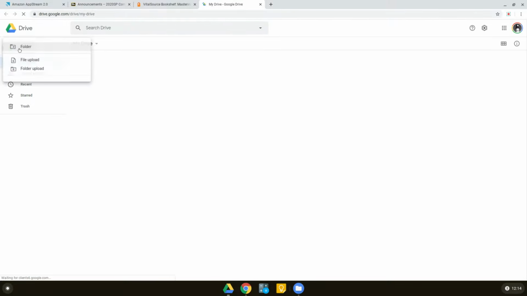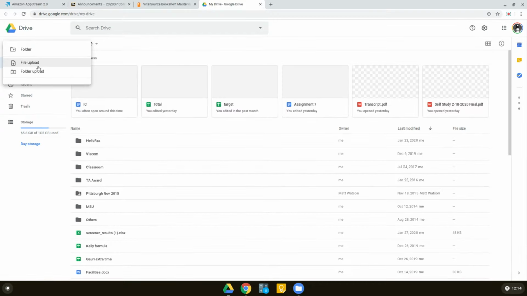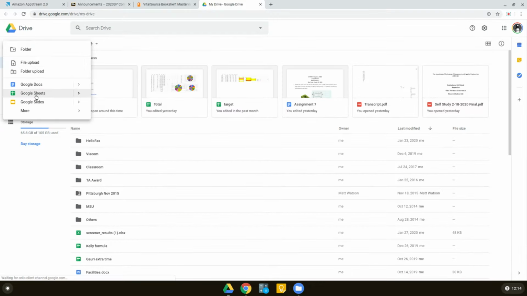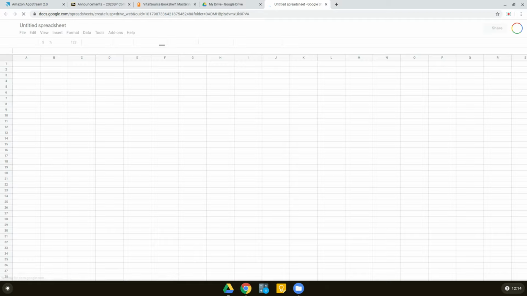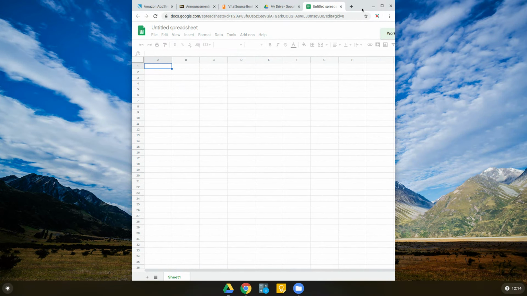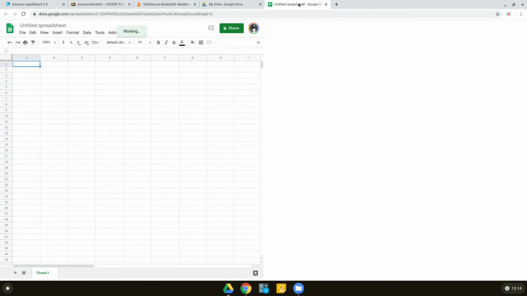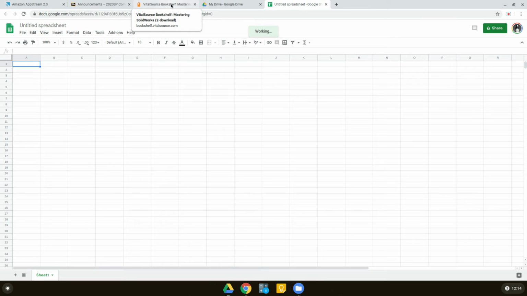So what I'm going to do is open the Excel file here, or in this case a Google spreadsheet. I need to do some calculations before I can start working in SolidWorks.